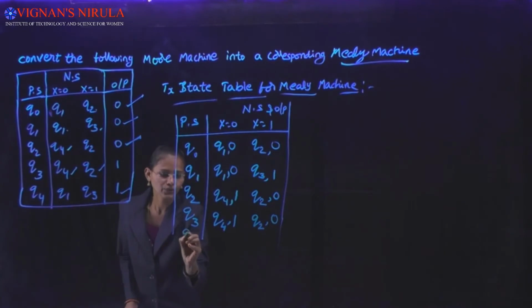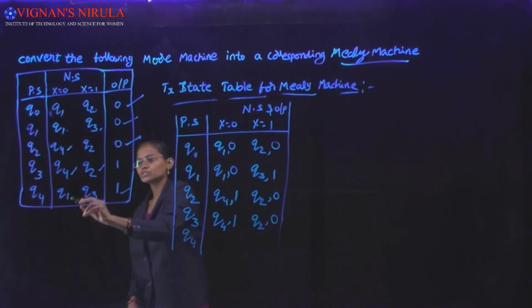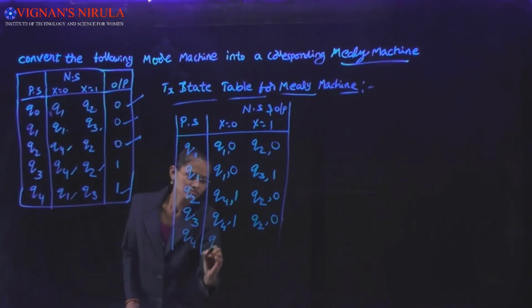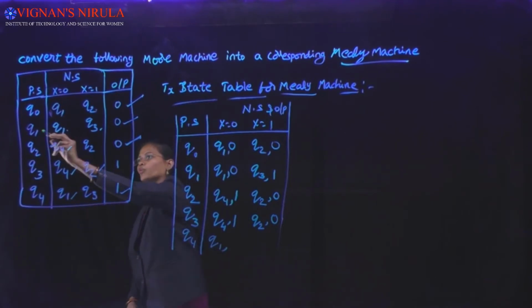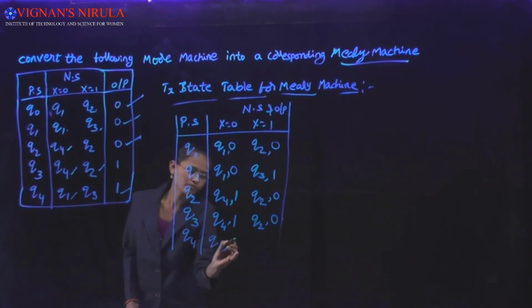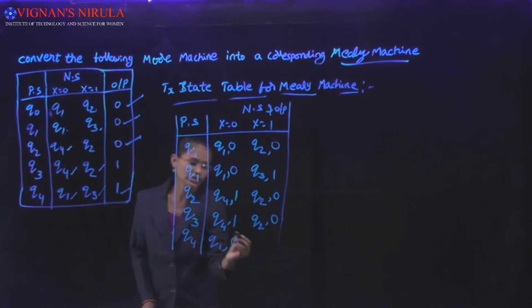And next Q4, if x equal to 0, the next state produced is Q1. Here Q1 output is 0. And next, if x equal to 1, the next state produced is Q3.